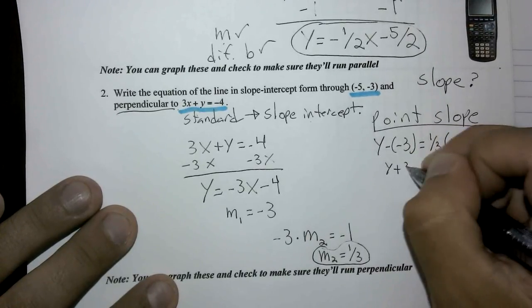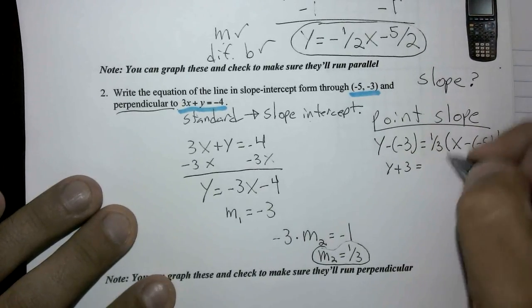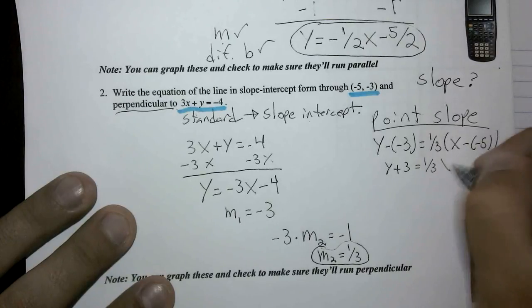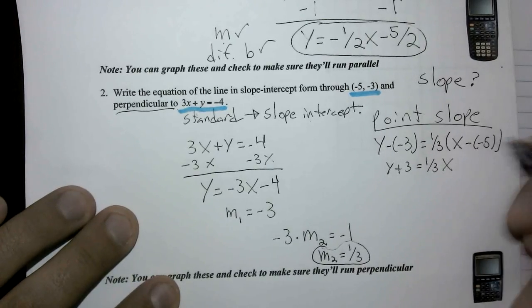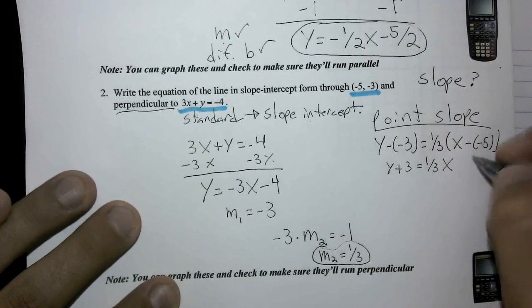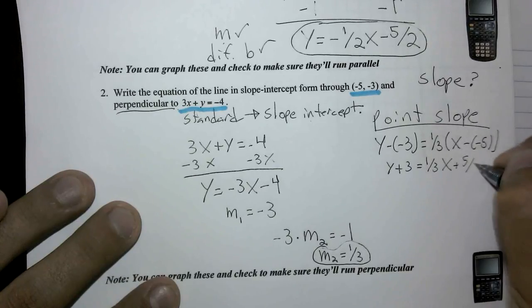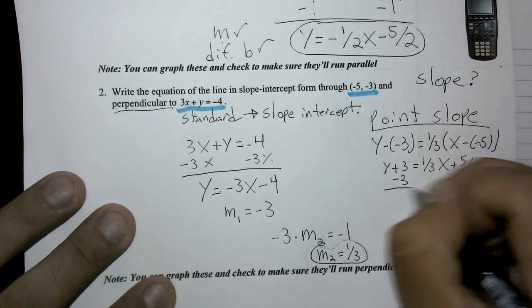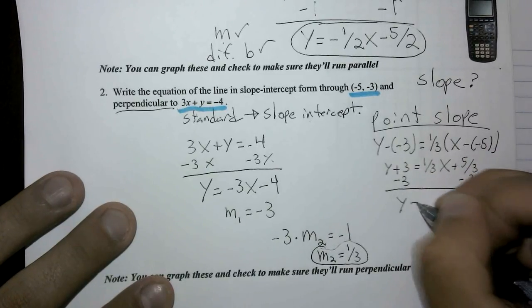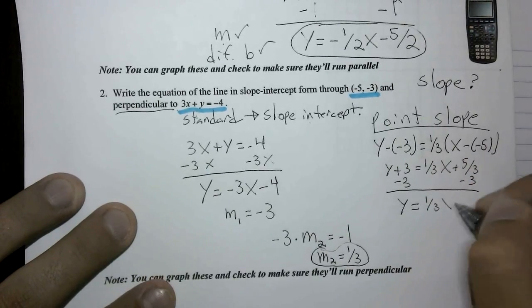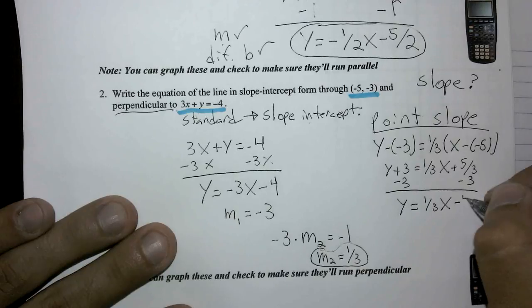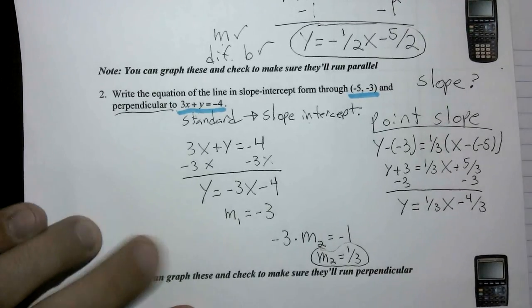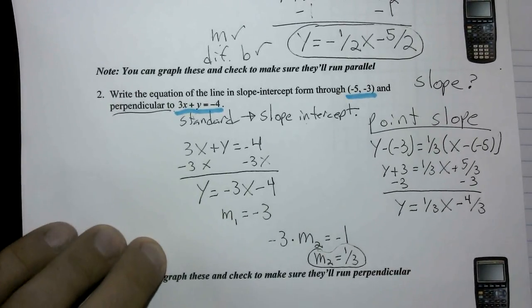Rewriting this to +3, distributing 1/3 to x, eventually distributing to this +5, so we're adding on 5/3. Trying to go to slope-intercept form, so deducting the 3, we have y equals 1/3 x minus 4/3. A little bit of fraction work here, so be careful.